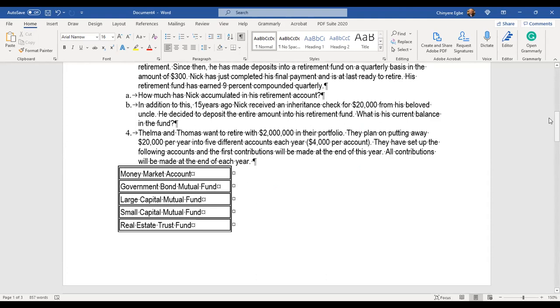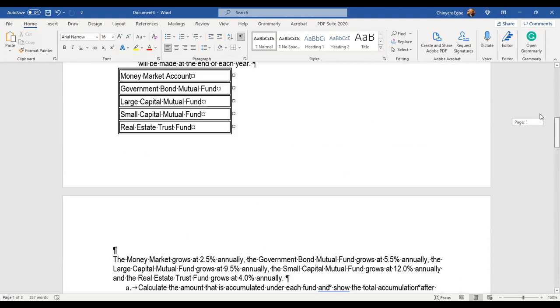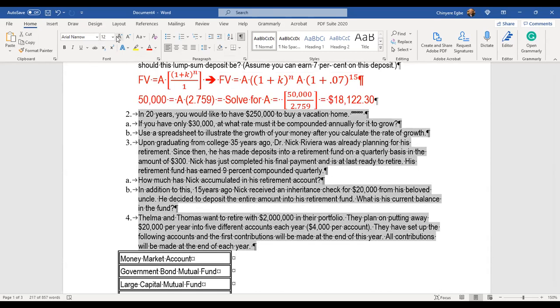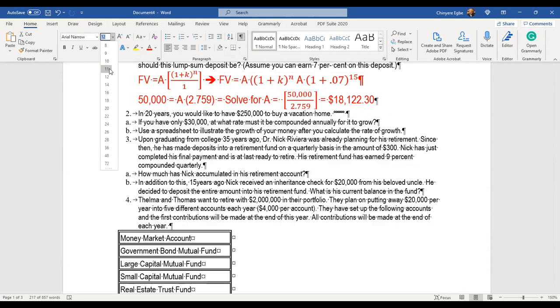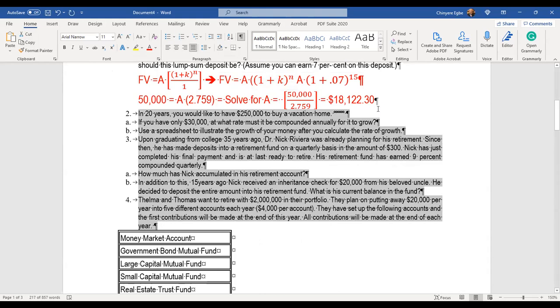If I ask for a spreadsheet, please give me a spreadsheet. If I ask for a table, give me a table. Now, we have the problems for week 4, which I'm going to go into because now you have applications.